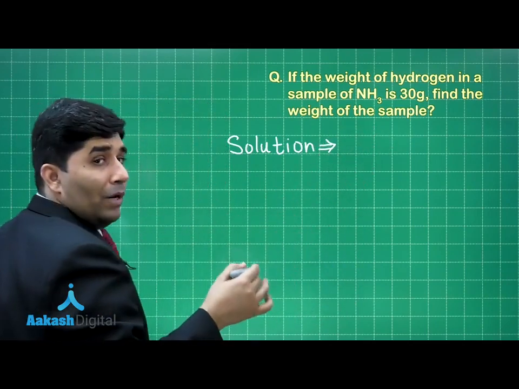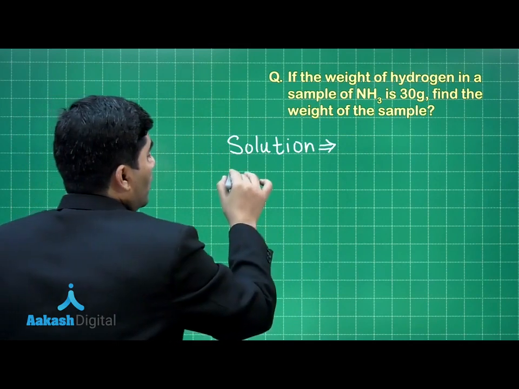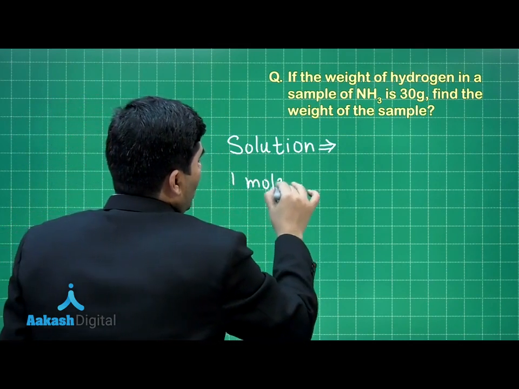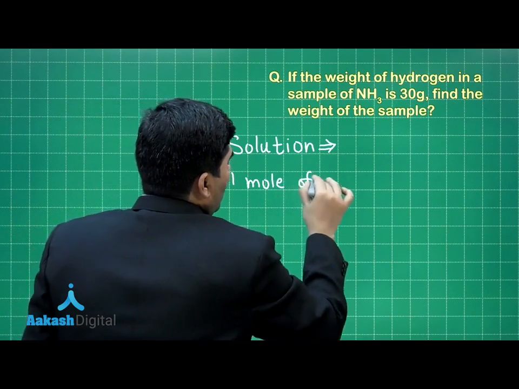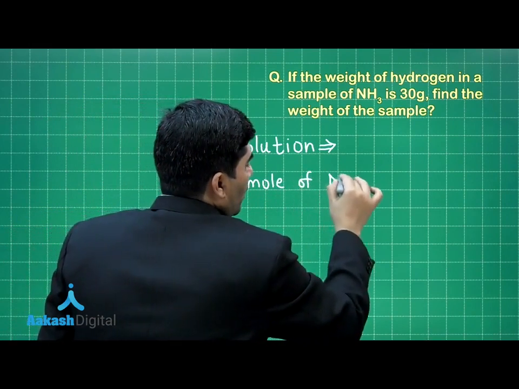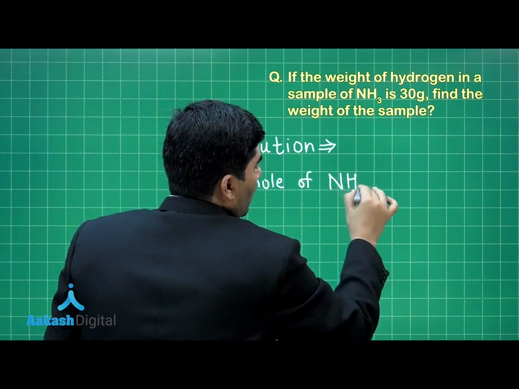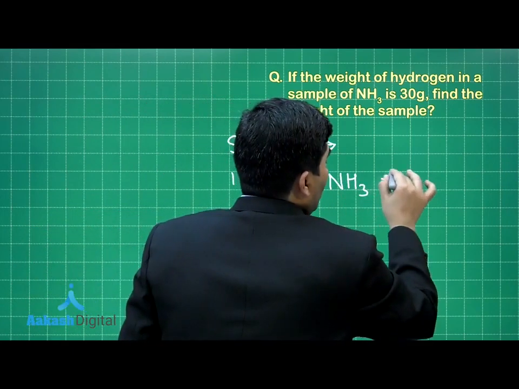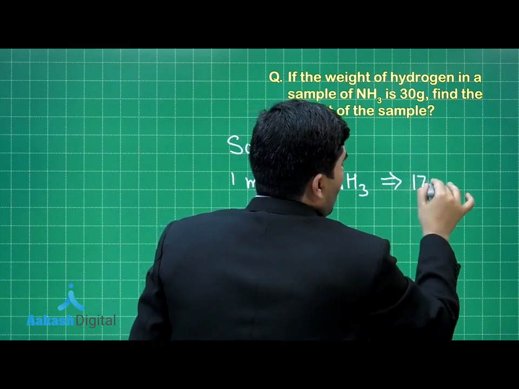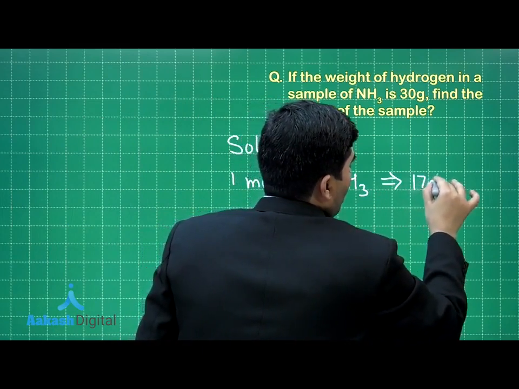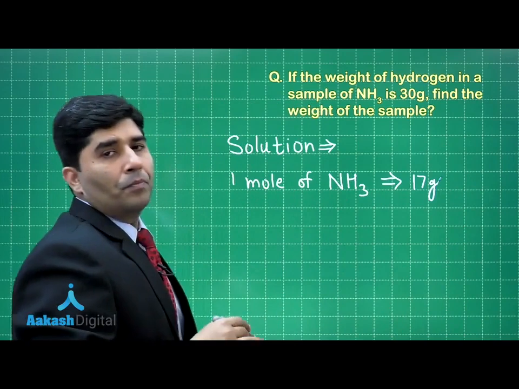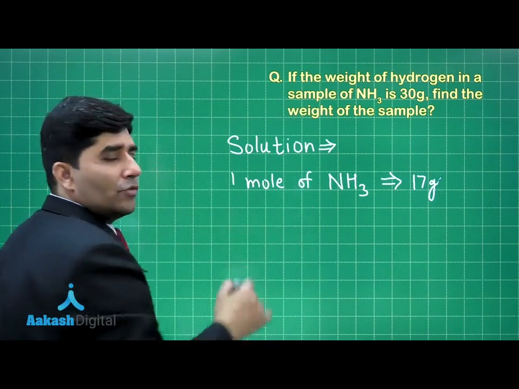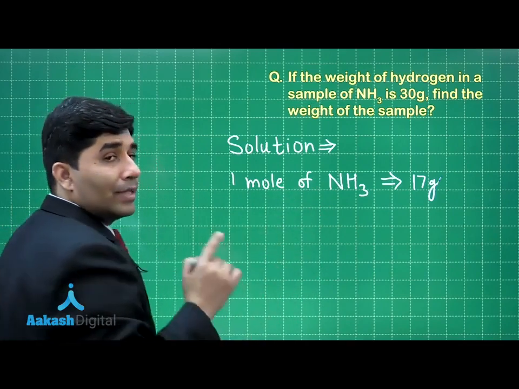Now, for 1 mole of ammonia, it is 17 gram, right? Now, in 17 gram, nitrogen is 14 gram and hydrogen is 3 grams.